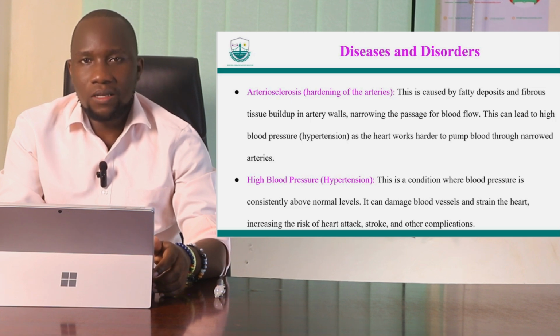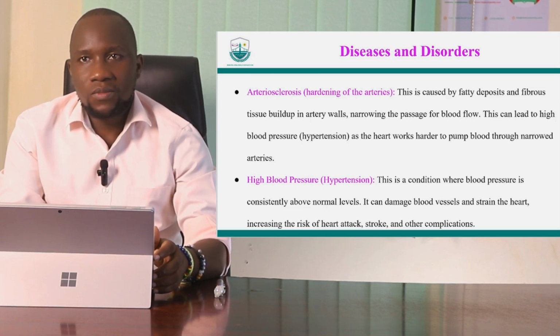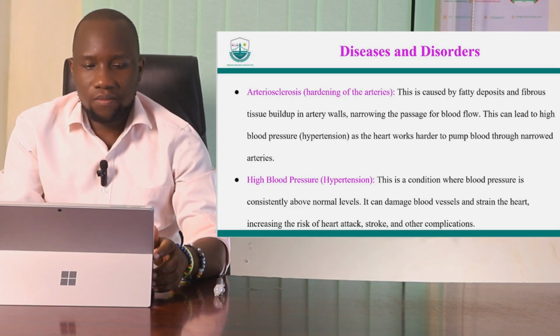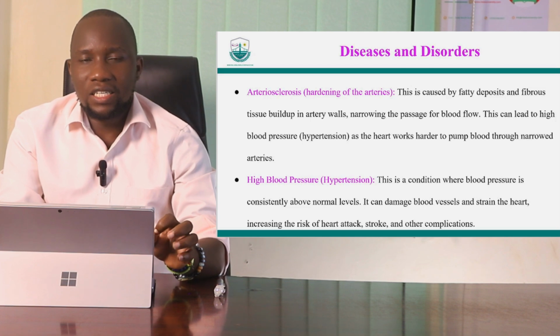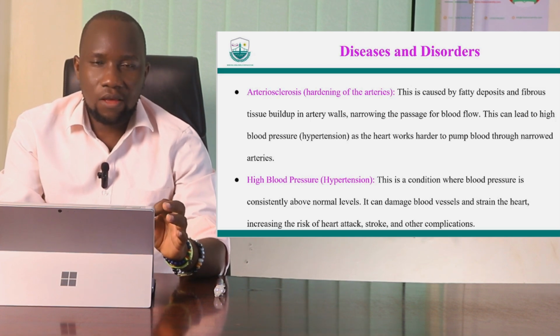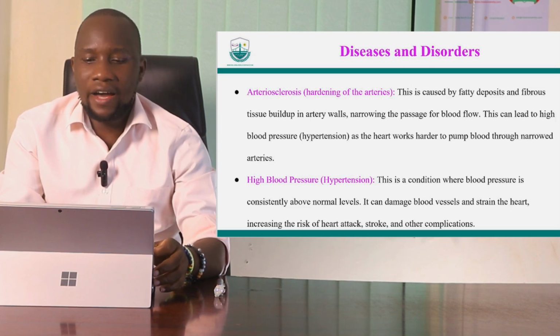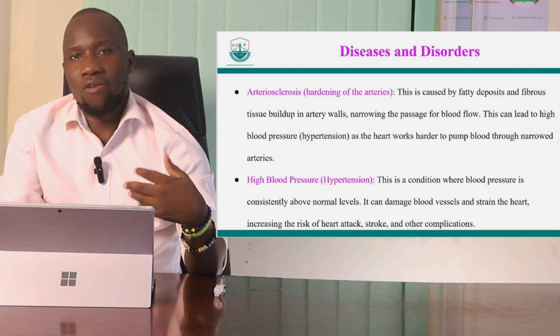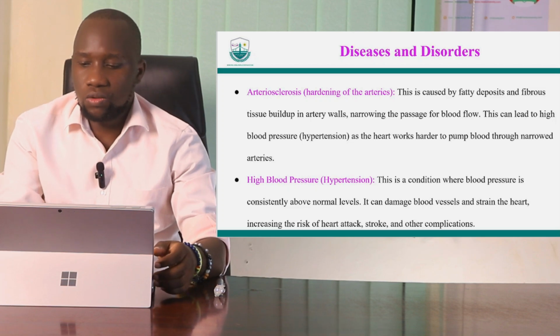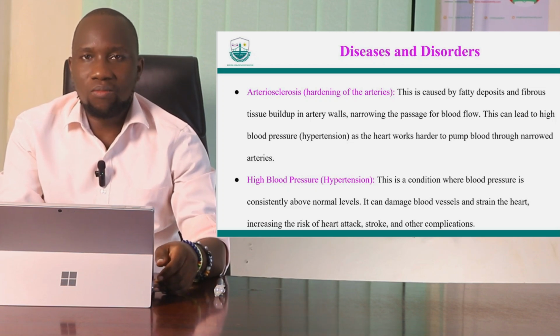The consequence is narrowing of the arteries, and this means that the heart will have to work harder to make sure that blood flows. Okay, and that overworks the heart, contributing to heart failure and other problems.